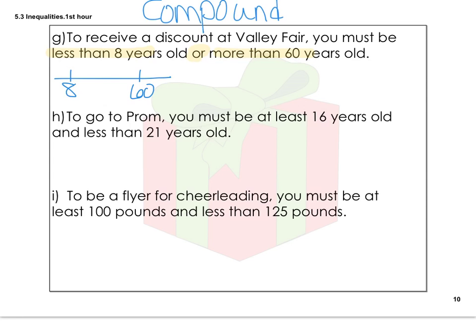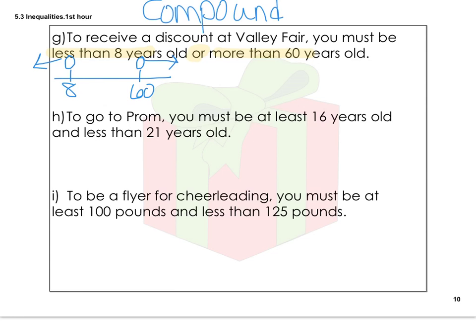So if it says less than, you can't be exactly 8, but you can be smaller and get that discount. Or you can be more than 60. In this one, again, you couldn't be 60 exactly. You have to be older than 60 to qualify for that discount.